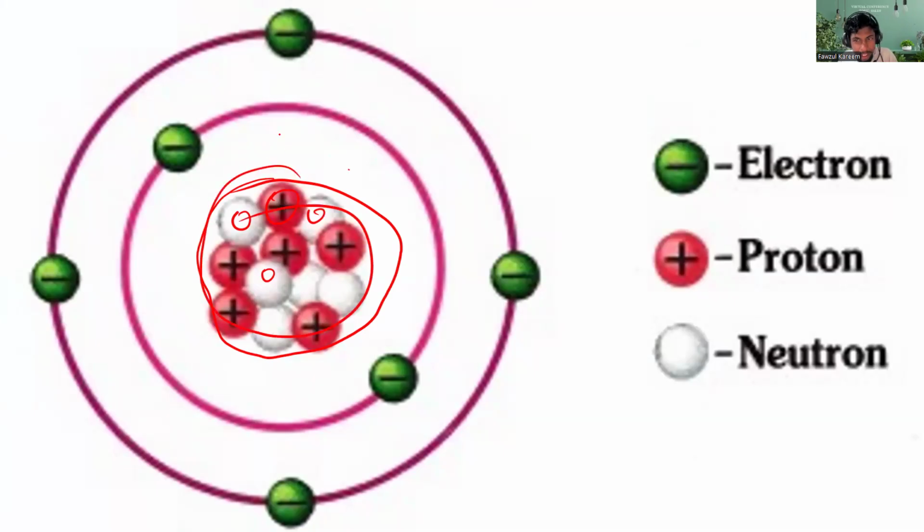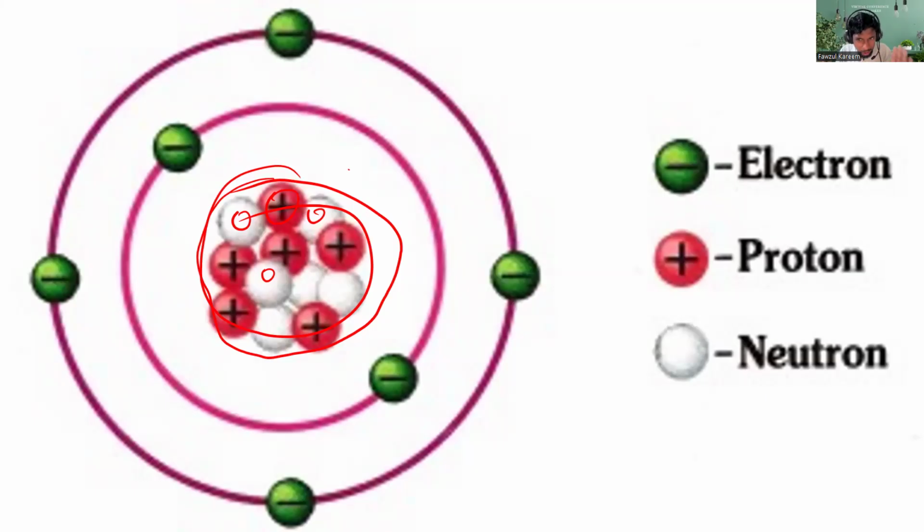What's the reason? You may ask, the neutron doesn't have a charge, no. But in the nucleus, we have the proton. So because of that proton, the nucleus will become plus. So because of the proton, what happens? The nucleus will become plus charge.